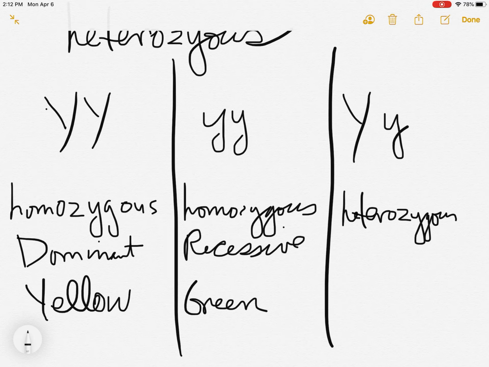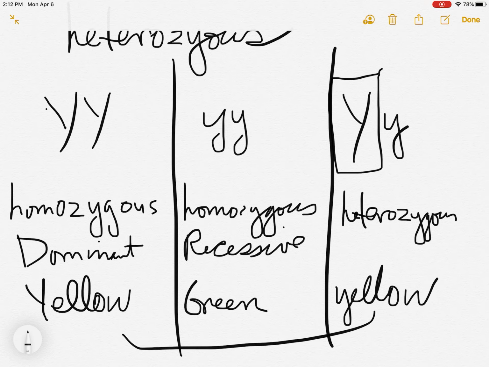There are some genes that do. They blend together and it would produce a yellowy green, but other genes don't. Because this is a dominant and recessive allele, the dominant allele masks the recessive. So the dominant yellow gene is going to make this pea plant look yellow, exactly the same as this yellow. So by looking at it, you would never know which one it was.